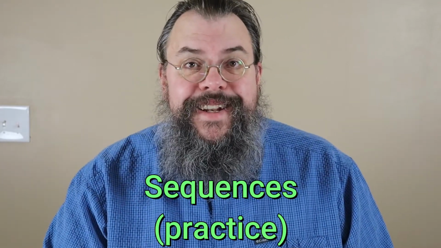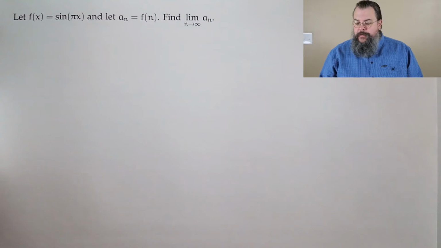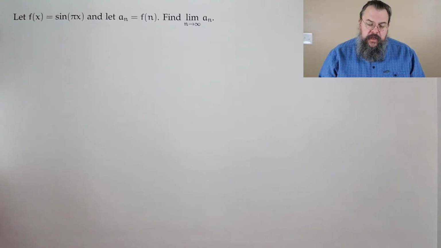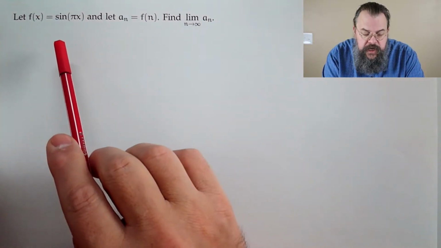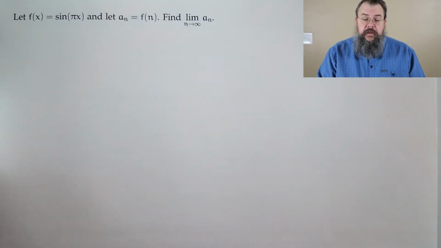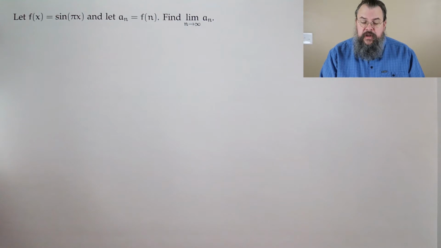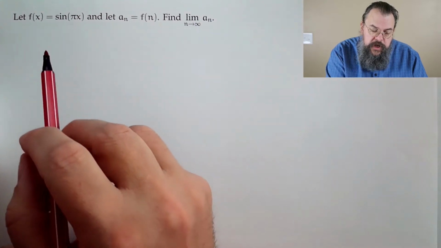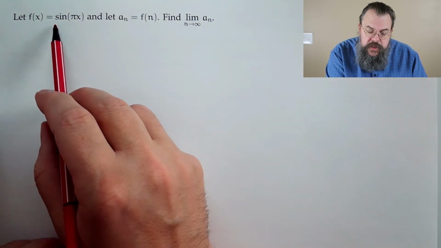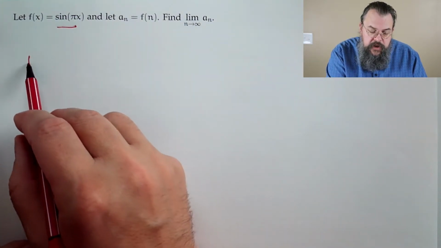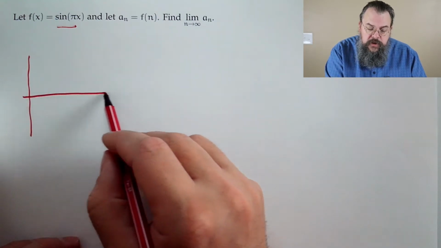Well, let's begin. Our first problem. Let f of x equals sine pi x and a sub n equals f of n. Find the limit as n goes to infinity of a sub n. Now, what's going on here? Well, you have this function, sine of pi x. And so, what do you see?